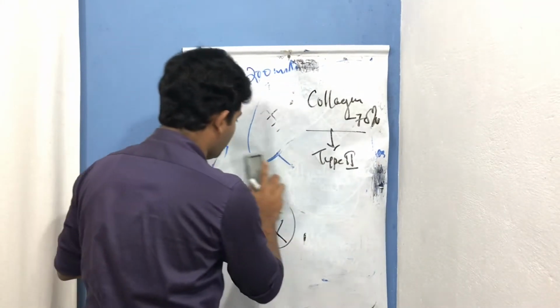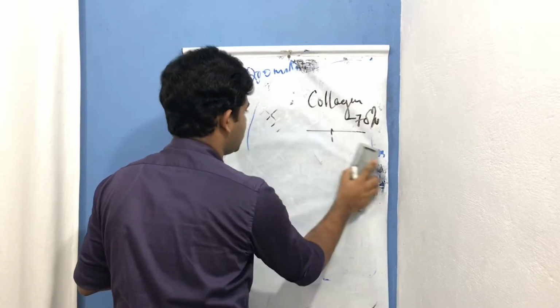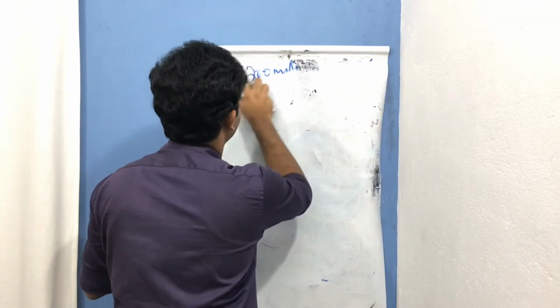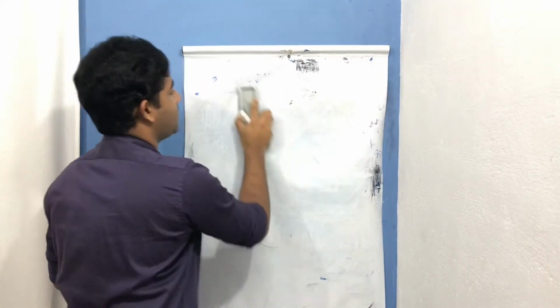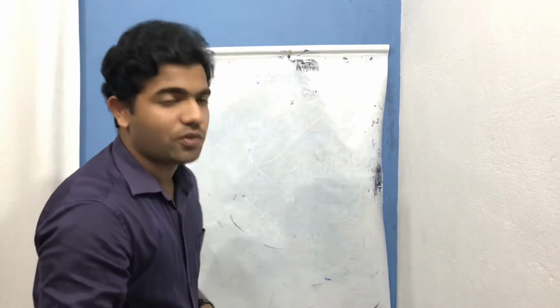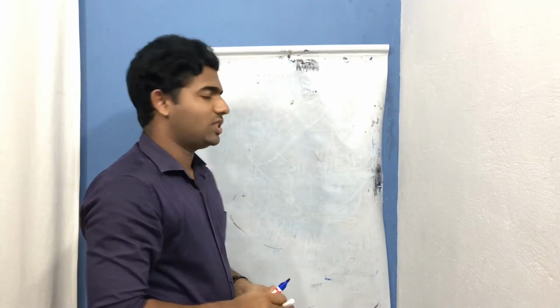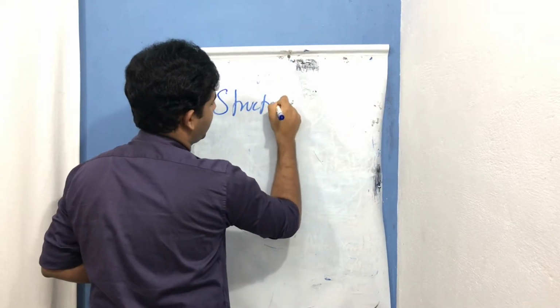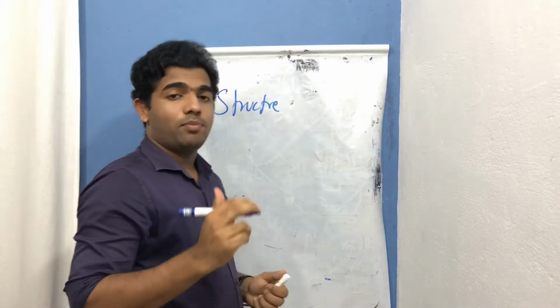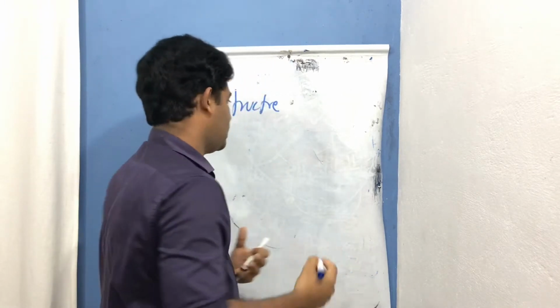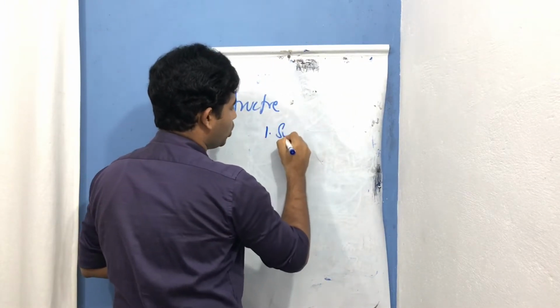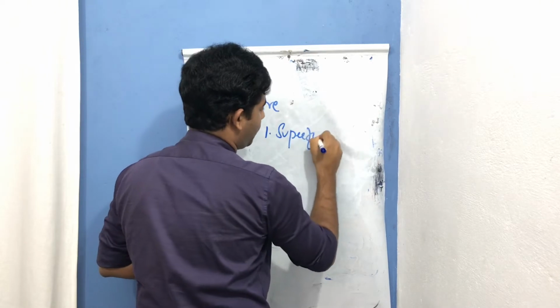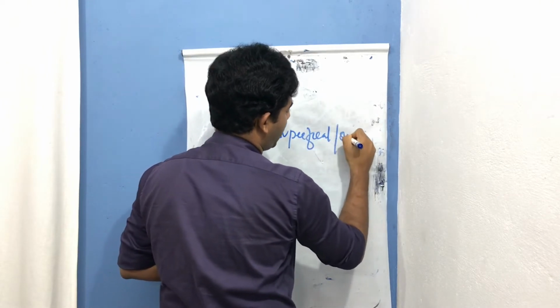Now, if you want to evaluate the structure of the cartilage, we see that it is made up of different layers of cells. The first one is the superficial layer or surface layer.